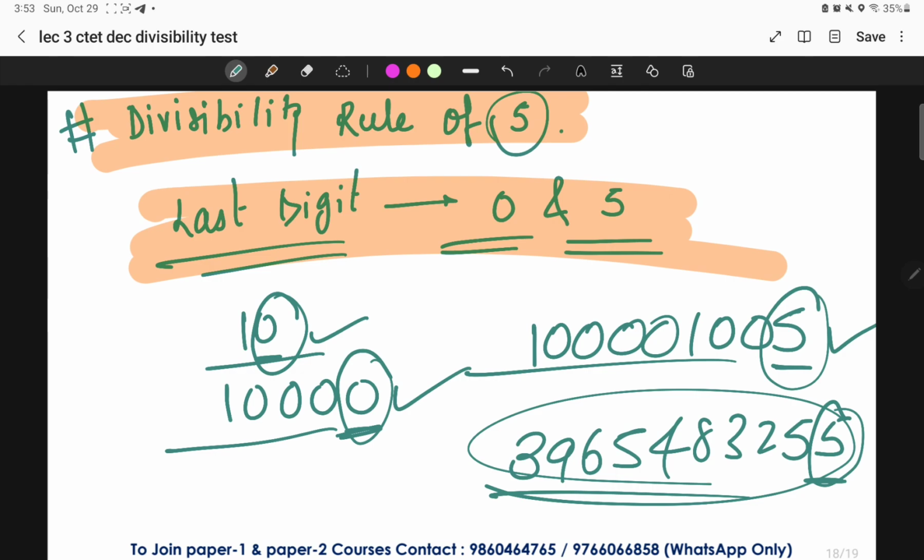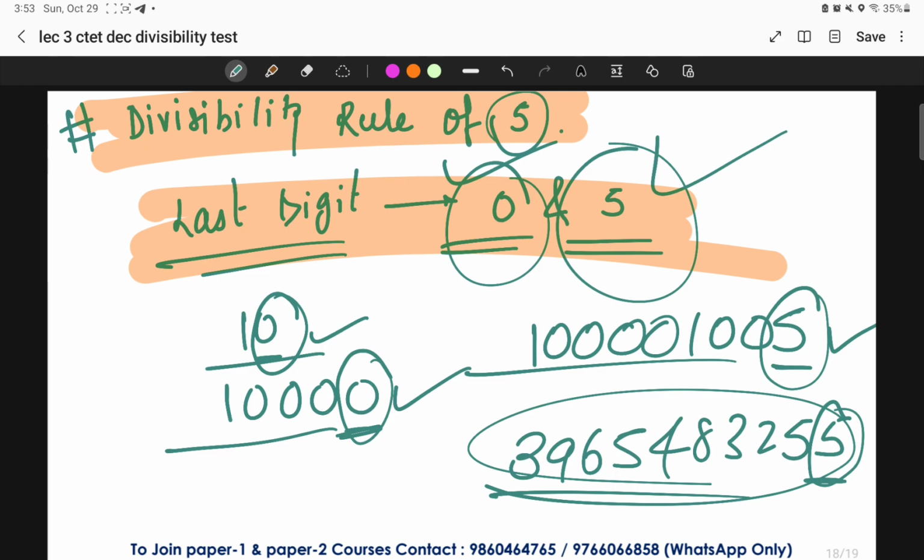Very simple rule. If the last digit is 0 or 5, any one of them, it can be 0 or it can be 5, at the end of any given number, then the number is divisible by 5. This is the divisibility rule of 5.